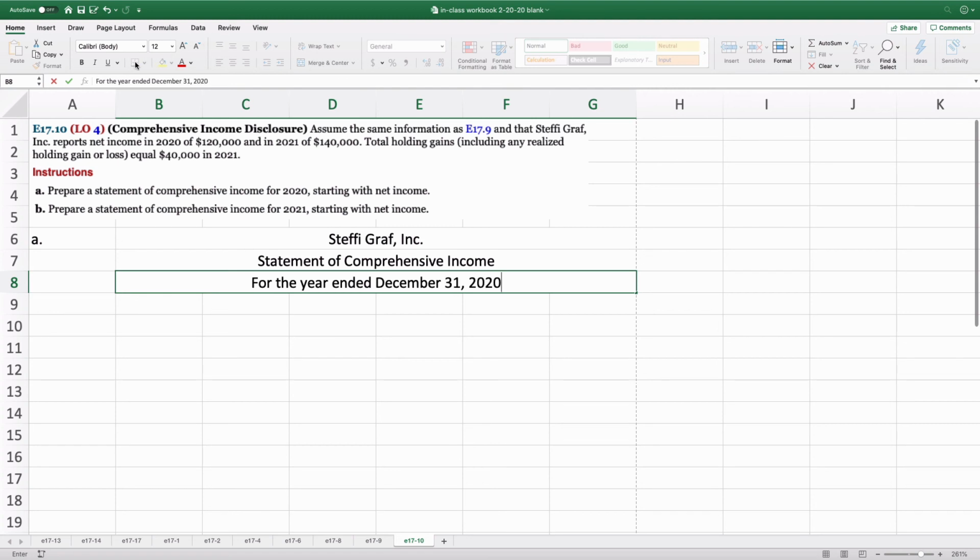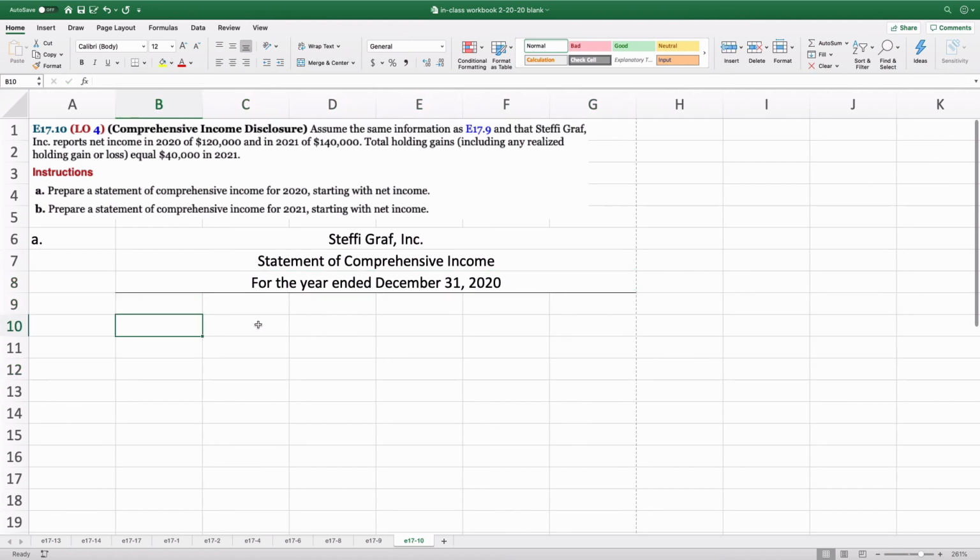And we can put an underline there. And we're going to start out with net income.